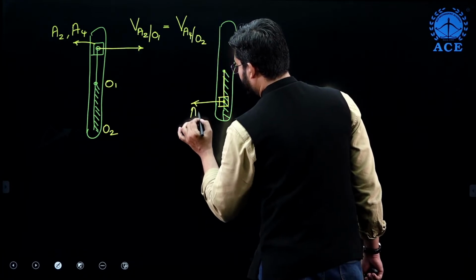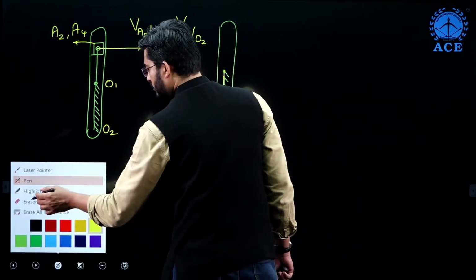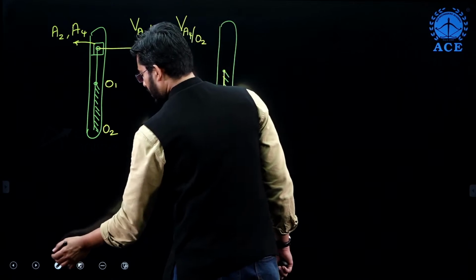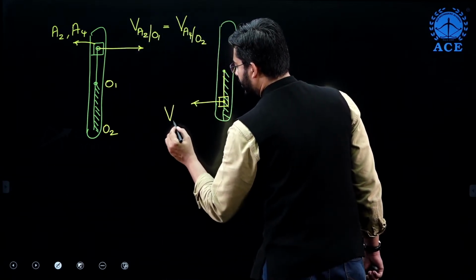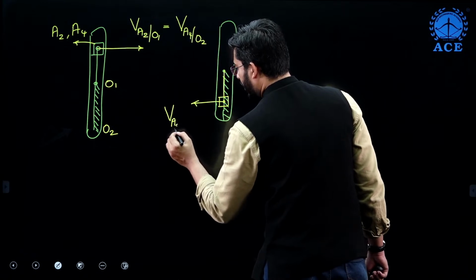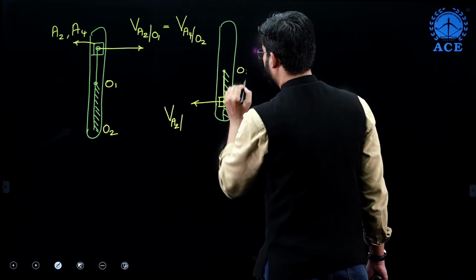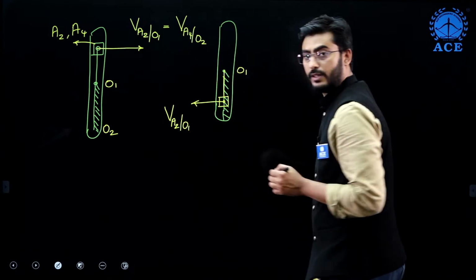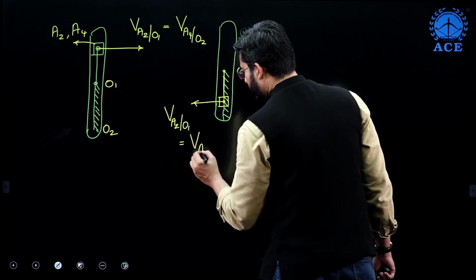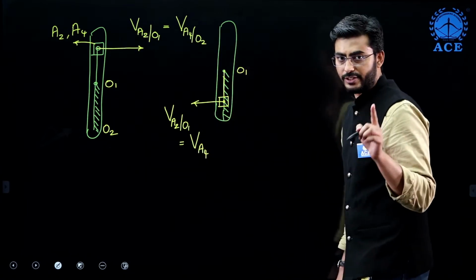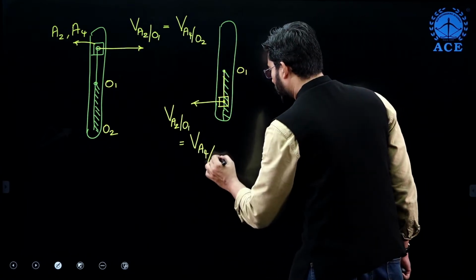Even in this case also, we can write the same mathematical equation. A2 will be here, just a minute. So here we can write the same condition, that is velocity of A2 with respect to O1 is equal to velocity of A4, that is point on the slotted bar, with respect to O2.